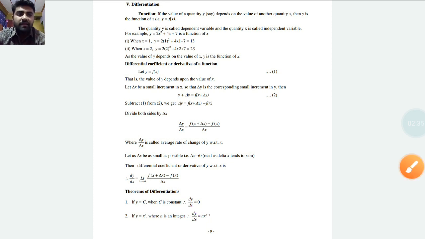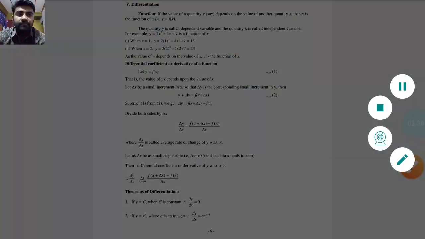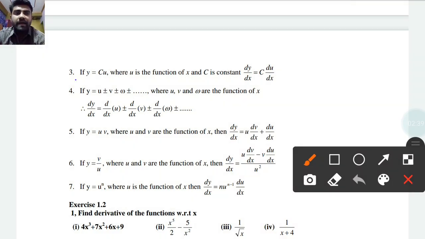So that is the simple differentiation. Now if y is equal to c into u, c is constant and u is a function of x, then dy by dx is equal to c as it is, into du by dx, because u is variable with respect to x.